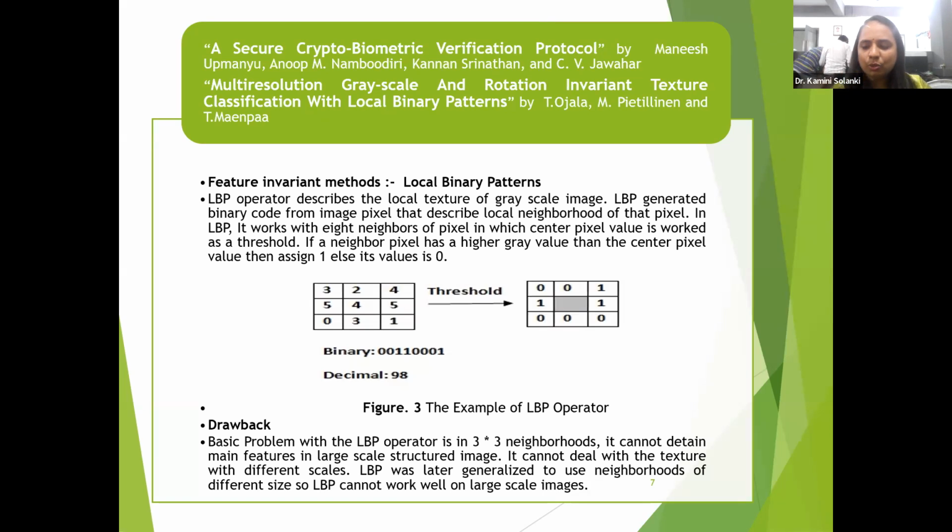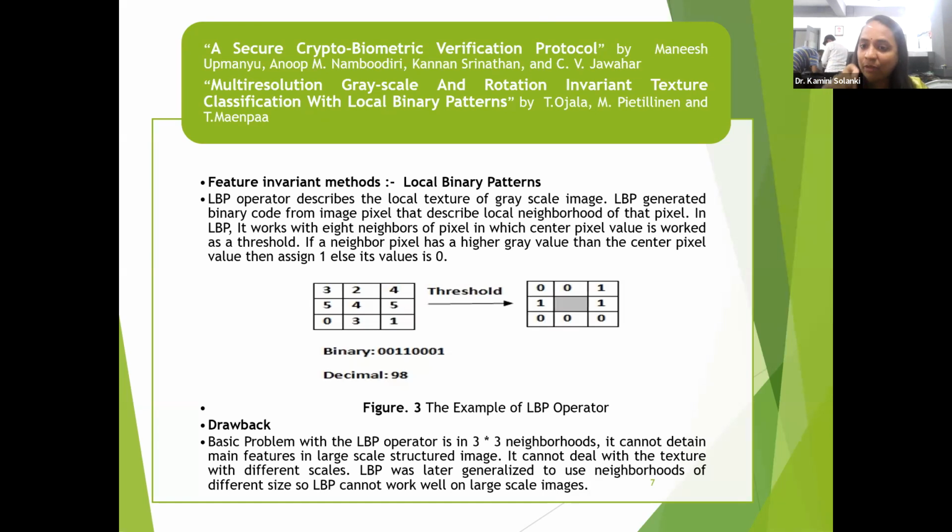So what is a grayscale image? It is R plus G plus B, the total of the RGB values divided by 3, so grayscale is the average of your RGB values. Otherwise, you have to do the operations on 8-8-8.